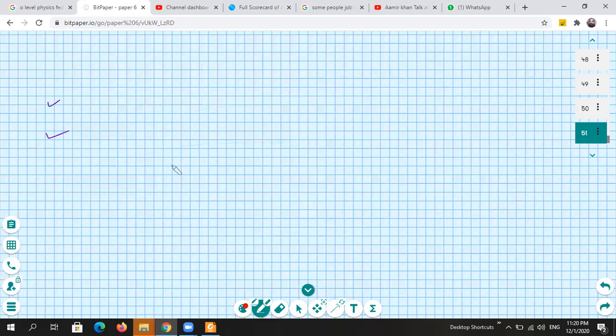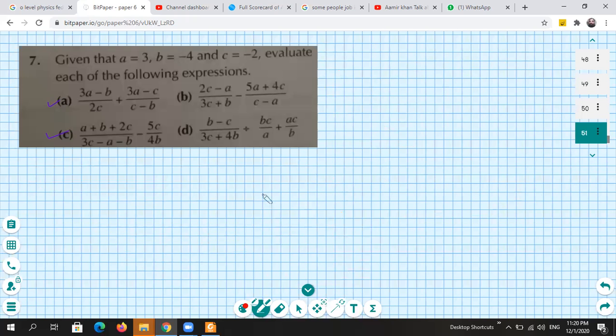All right, moving on. Next question is question number 7. Given that a is equal to 3, so we have been given the values, b equal to -4, and c is equal to -2. So values are given, and we have to evaluate each of the following expressions. Expressions are given in parts A, B, C, and D, and we have to evaluate them by using these values of a, b, and c.